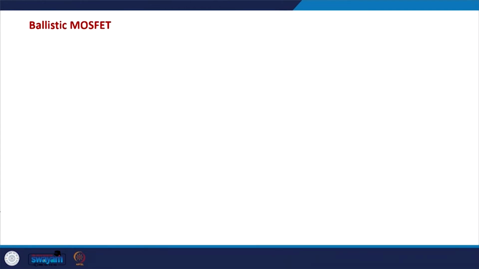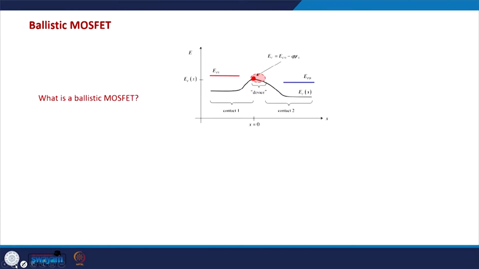So now, using the ideas from the Landauer model of transport, we will try to understand the ballistic MOSFET, and the first question that we ask is, what is a ballistic MOSFET? I guess by now it should be clear that a ballistic MOSFET is a MOSFET in which there is no scattering in the channel, which means that the electron which enters the channel from the source side goes directly to the drain side.